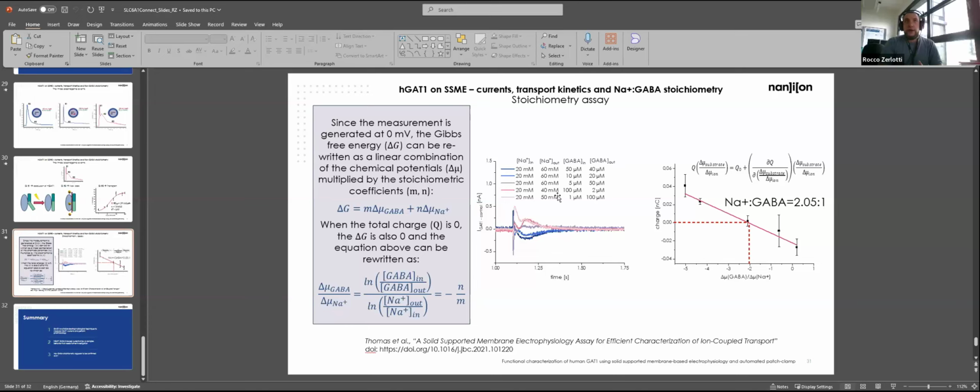It is also dependent on GABA concentration. It is dependent on sodium gradient and on sodium concentration. So that's why I think it can be basically a substrate-driven sodium channel behavior of the protein. I hope this answers your question.